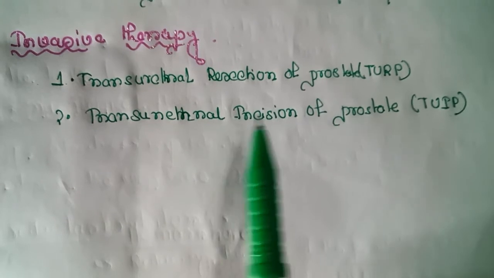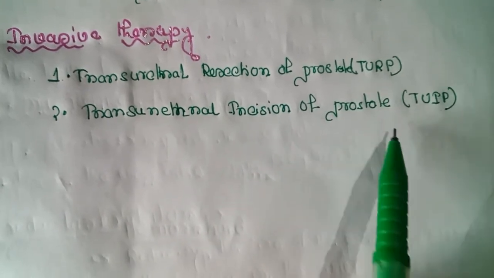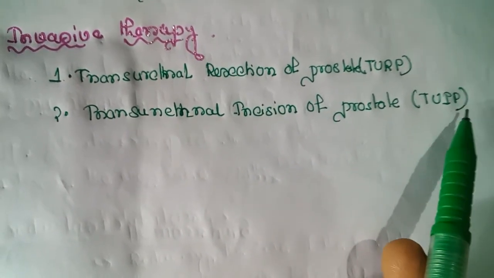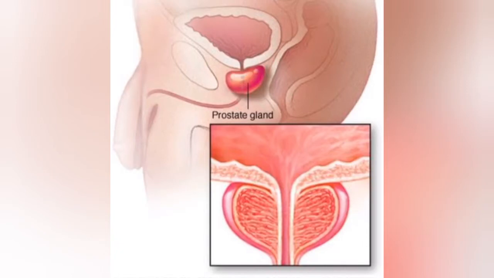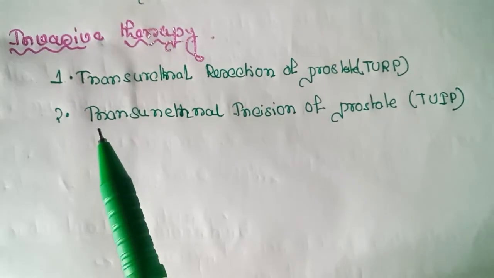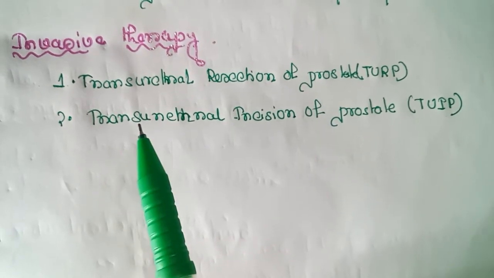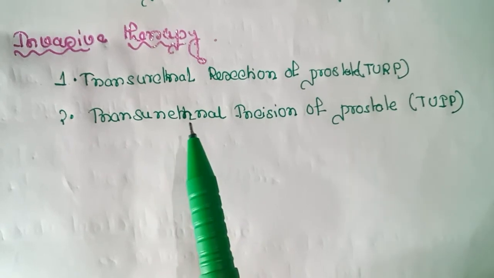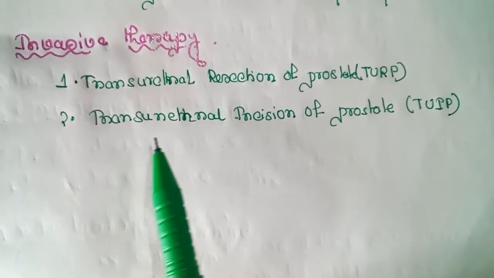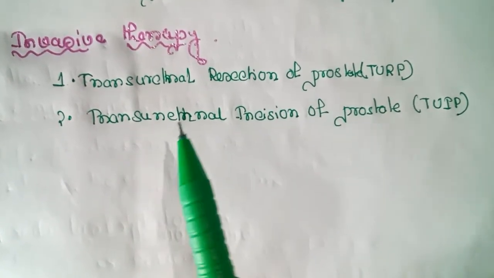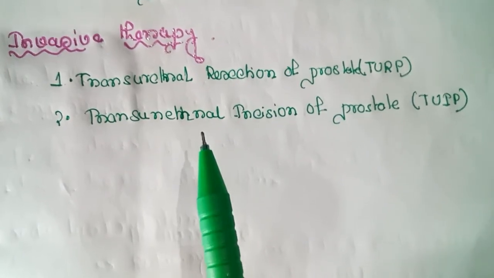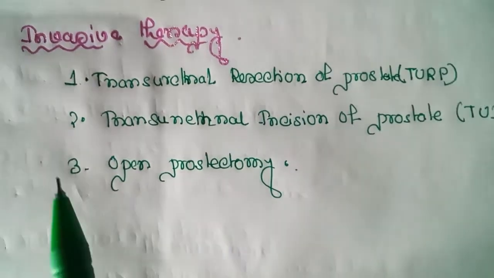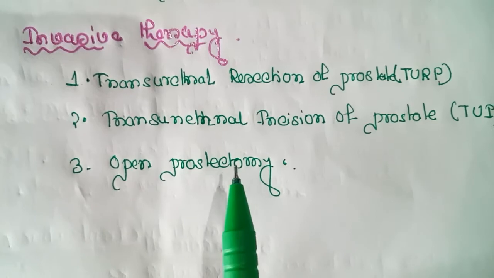Next, transurethral incision of the prostate, TUIP. This procedure involves transurethral incision into the prostate tissue to relieve obstruction. It is effective for men with small to moderate prostates. Next, most important, open prostatectomy.